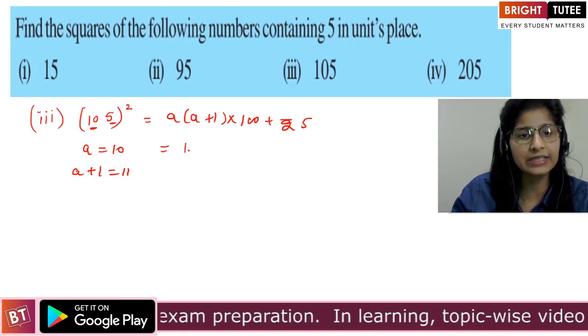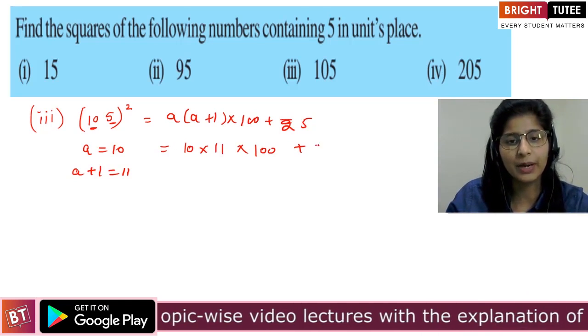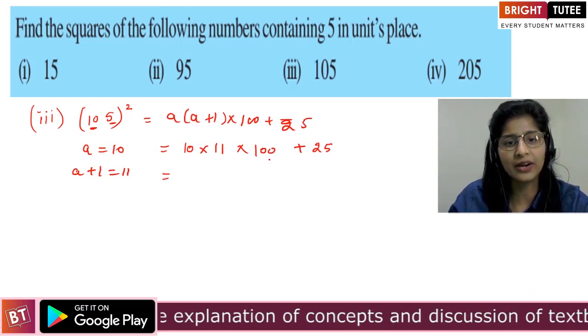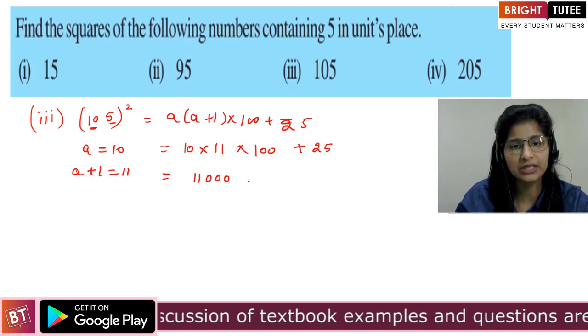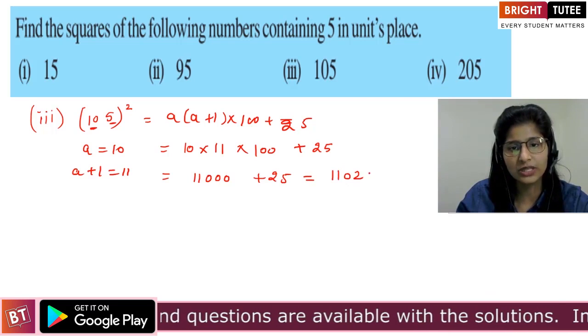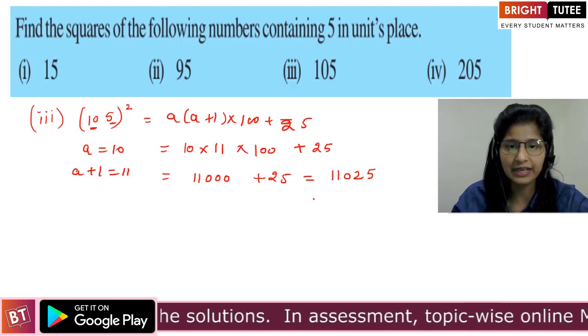So A is 10, A plus 1 is 11, into 100 plus 25. So 10 into 100 becomes 1000. So we get 11,000, right, plus 25. So the answer is 11,025. This is the square of 105.